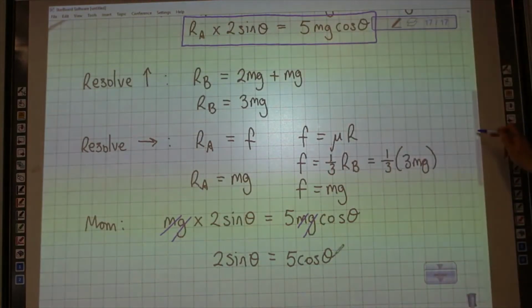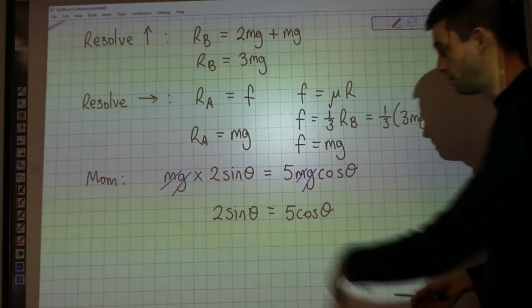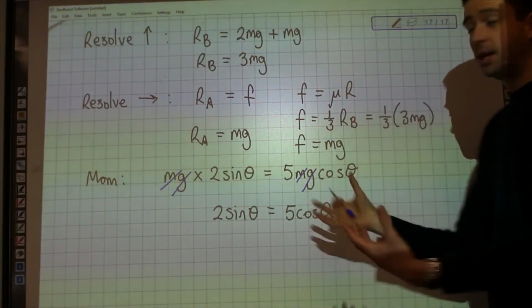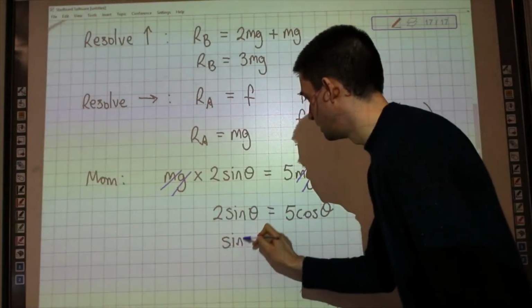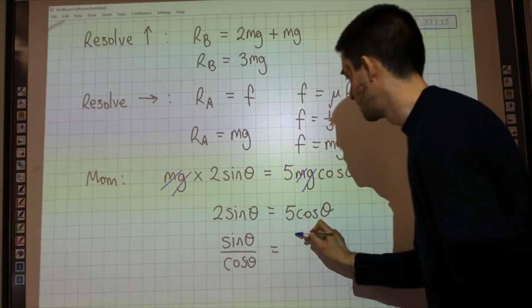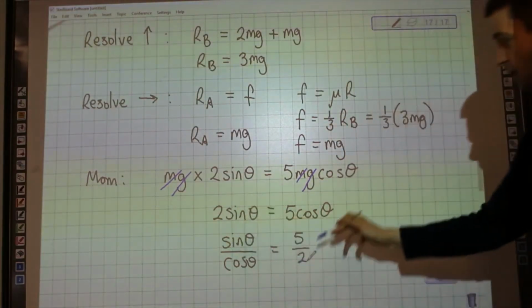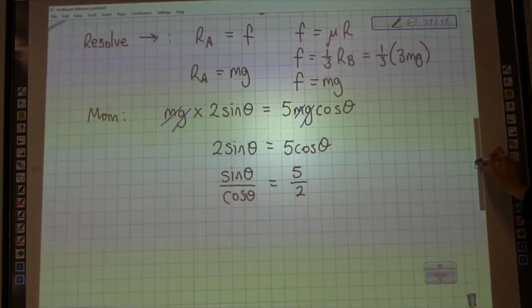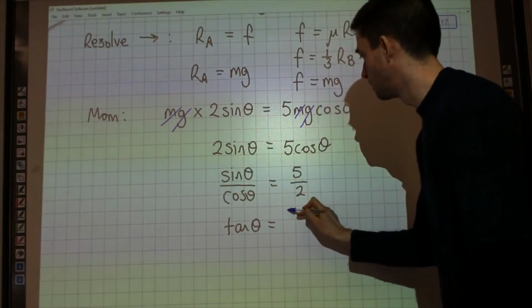equals 5 cos theta. And we know that if you have an equation that's got a mixture of sine and cos, neither of them squared, we're going to be using the identity that sine theta over cos theta equals tan theta. So divided by the cos, divided by the 2. So I've now got that tan theta equals 5 over 2.